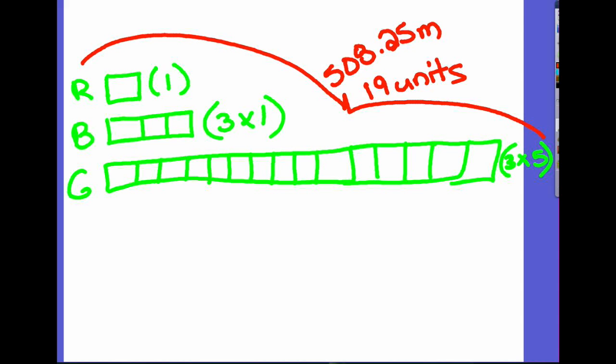And when we divided that out, did anyone get an answer? I got 26.75. Did everybody get 26 and 7500? So every single one of these units equals that.